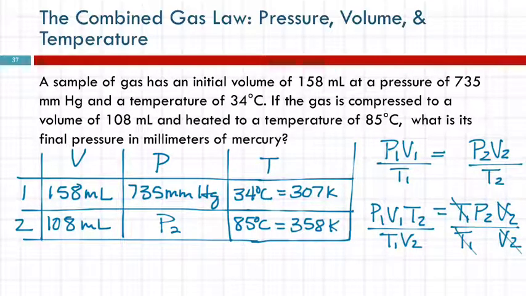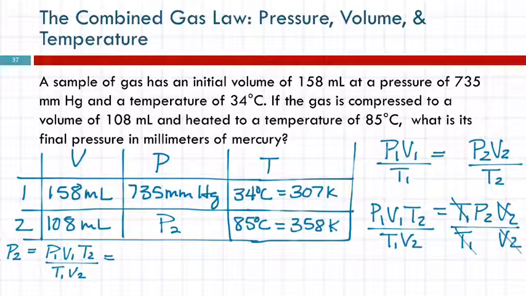So that looks like a big old mess, doesn't it? Copy it down carefully. P2 equals P1 V1 T2 divided by T1 V2. And then compare it and make sure you didn't switch something.